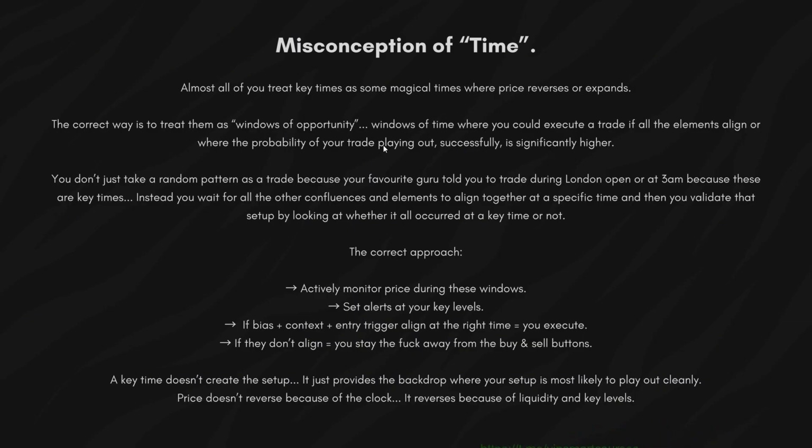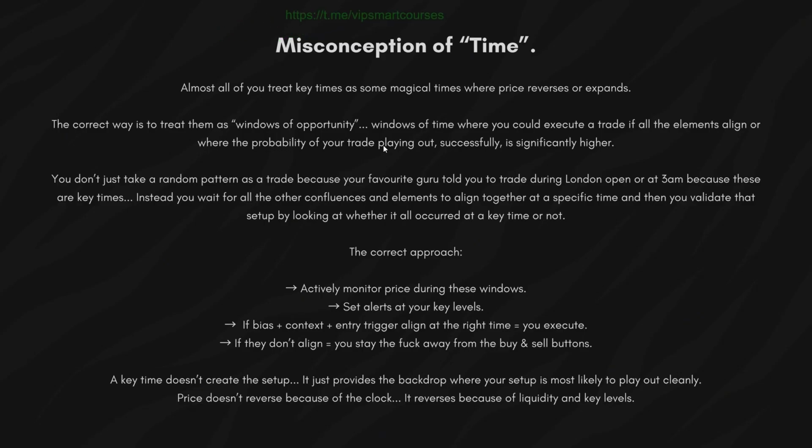What I mean by that is that key times are just windows of opportunity. They're just periods of time where the probability of clean moves, expansions or reversals tends to be a bit higher if the other elements are also present. And that is an important part most of you miss.